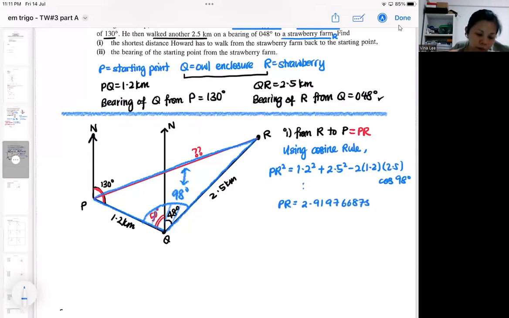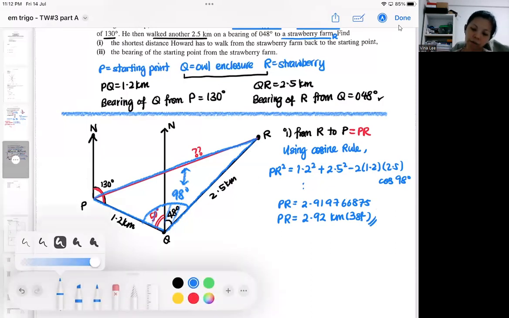So do write out the chain of decimals, but the answer for this part will be 3SF. But if you need to use PR in any of the subsequent parts, then you should be using the long decimal.